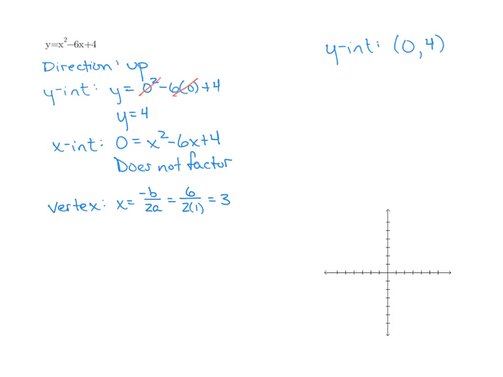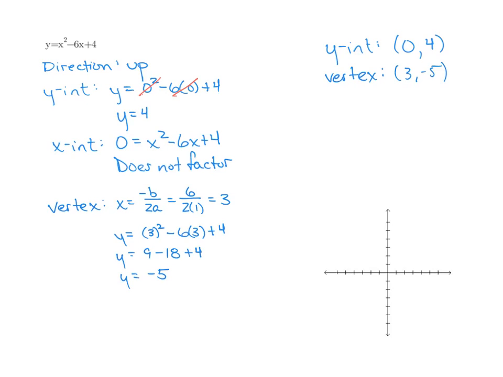All right, if we go ahead and plug this back into our original equation, we get 3 squared minus 6 times 3 plus 4. If we simplify this, we get 9 minus 18 plus 4, which gives us negative 5. So our vertex is 3, negative 5.